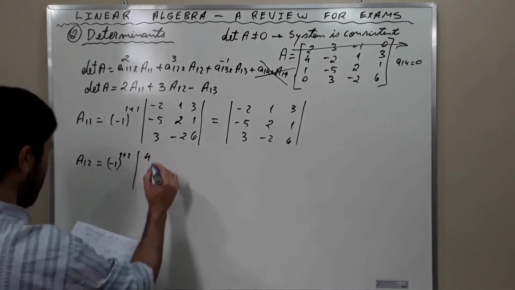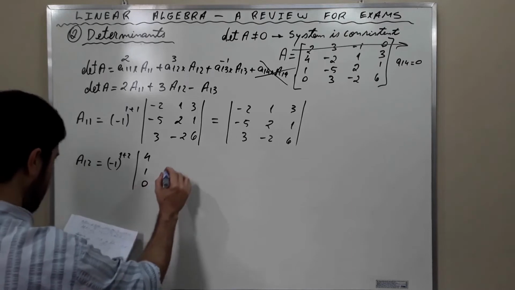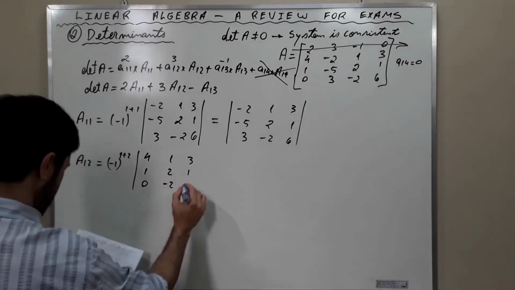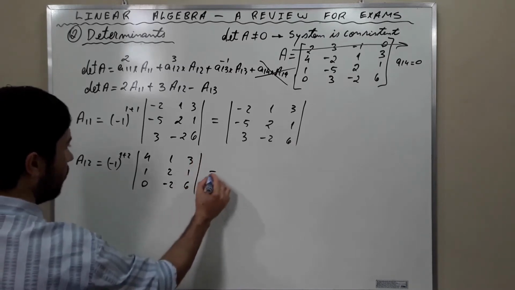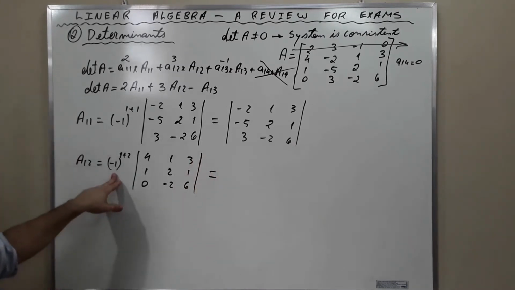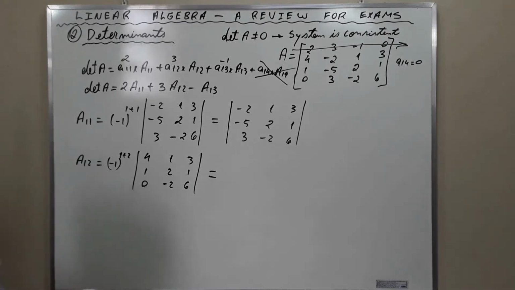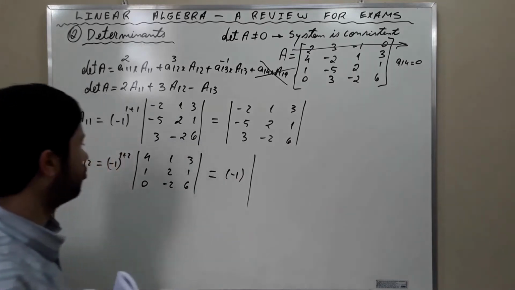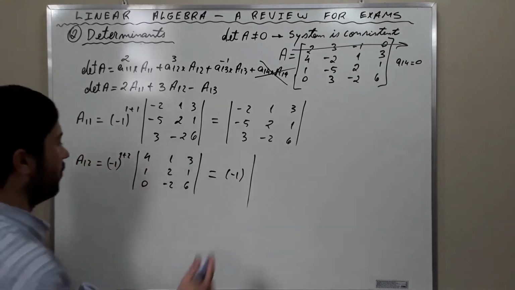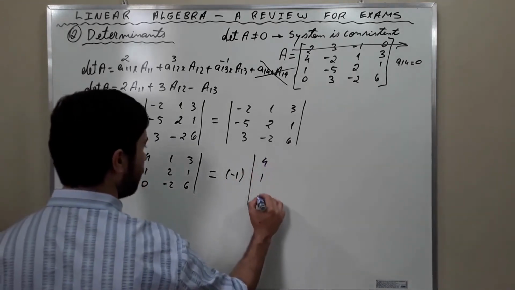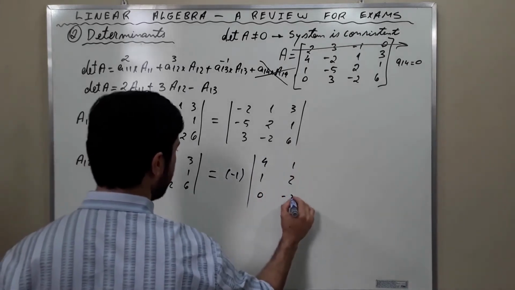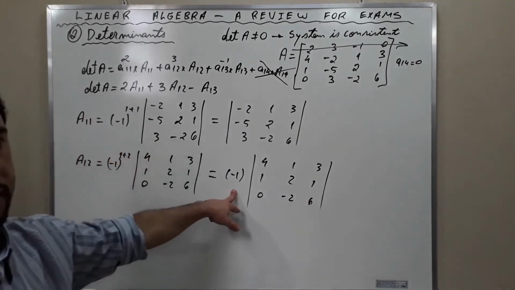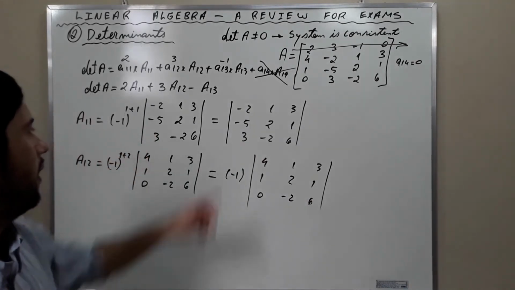Then it is going to be 4, 1 and 0, 1, 2 and -2, 3, 1 and 6. -1 cubed is -1. So you are going to calculate the determinant of this matrix and multiply the determinant by -1.